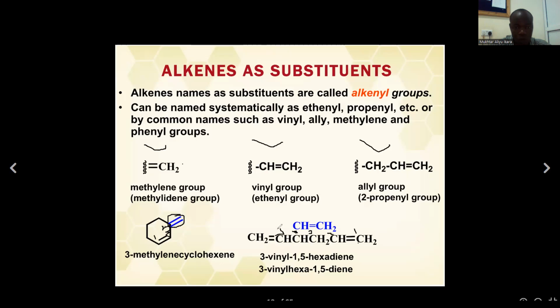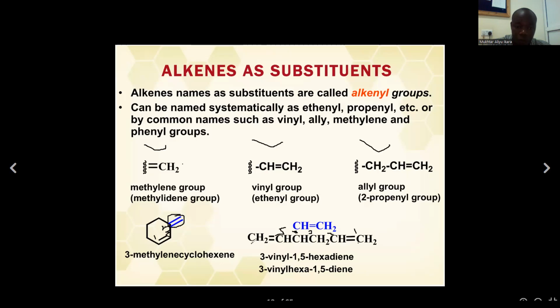If you count it from this side, you see that the vinyl is at carbon 4. But we didn't take that one because if we sum the numbers, the number will be high. So we will not take that one.